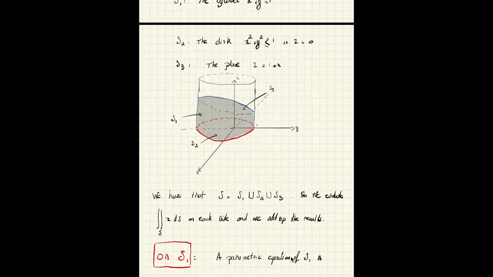For some z, you fix some z, you go around 2 pi. Now the way you describe this is for some theta. You start with theta equal to 0. Now z is going to vary as you go around, right?